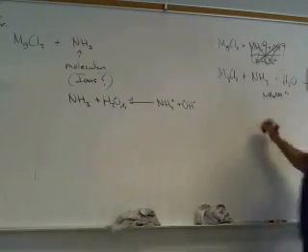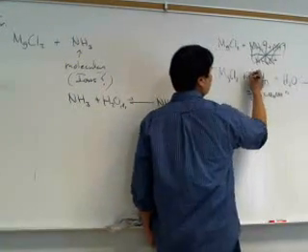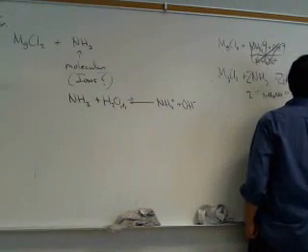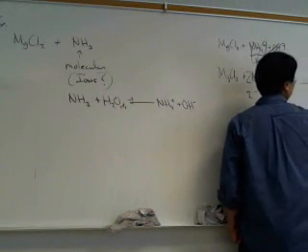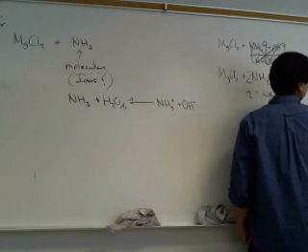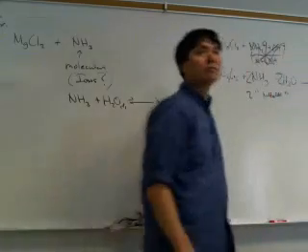Okay, now we need to balance this. We need 2 of these ammonium hydroxides, which means we need 2 ammonias and 2 waters. And this will form 2 ammonium chlorides. Now, is there a driving force? Yeah, magnesium hydroxide is insoluble. This is a precipitate, and that would be our driving force here.